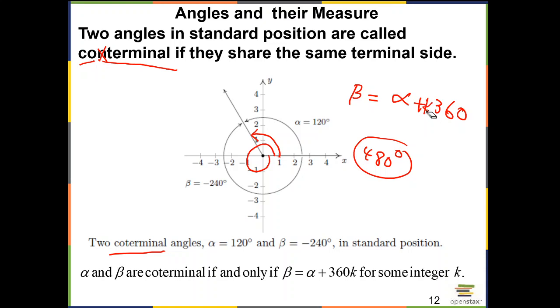K is an integer, so we can add multiples of 360 or subtract multiples of 360 from the angle to get another angle that is coterminal to it. That means we can find an infinite number of angles that are coterminal to a given angle, right? All you have to do is let k be an integer: k be 0, 1, negative 1, 2, negative 2, and so forth, and you can find different angles that are coterminal to angle A.